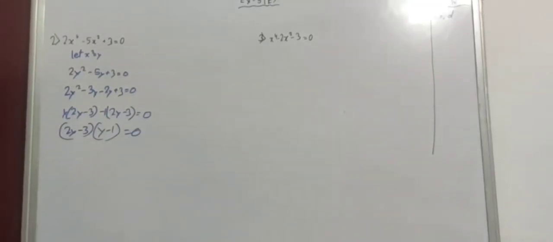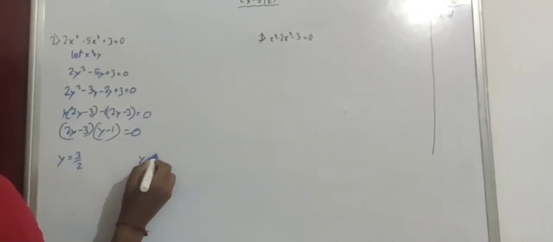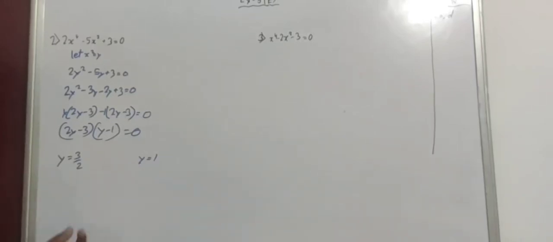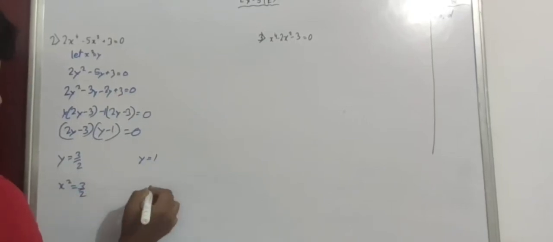So now you have two options: y is equals to 3 by 2 and y is equals to 1. So my dear friend, y is x square. So replace it. You have x square is equals to 3 by 2 and x square is equals to 1.